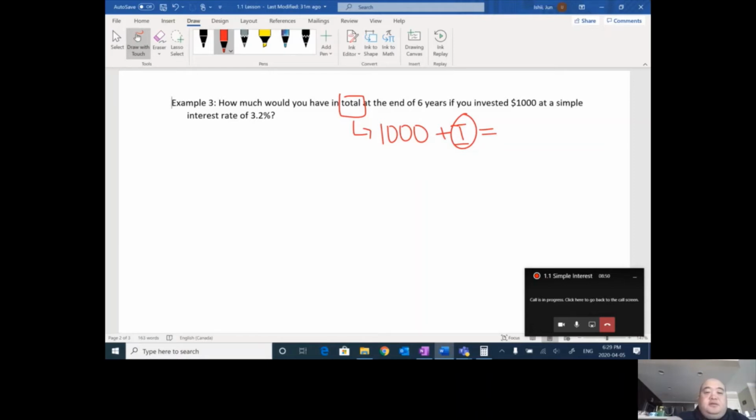Now the total, what you'll see, and it'll show up in the compound interest lesson or section, the next section, the actual letter that we use is A. Okay, so A equals the principal plus interest, and the A stands for accumulated amount.